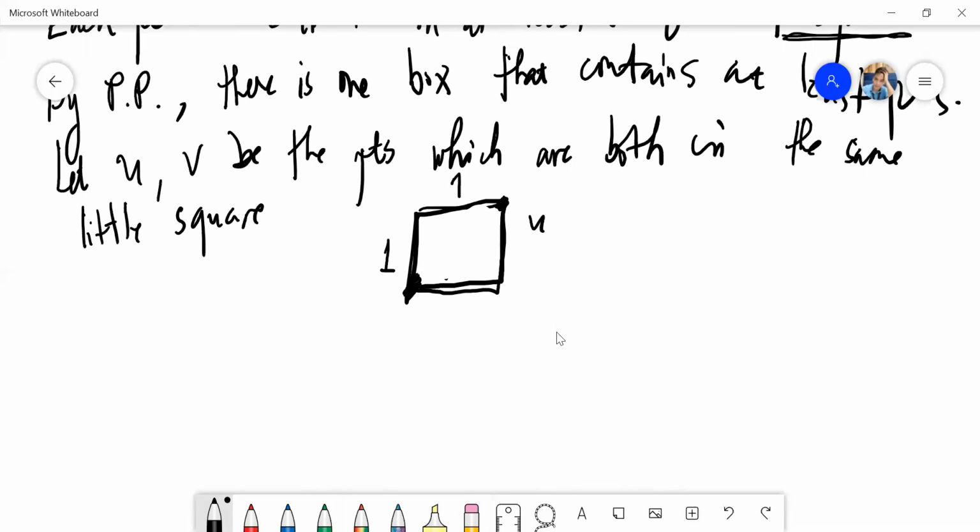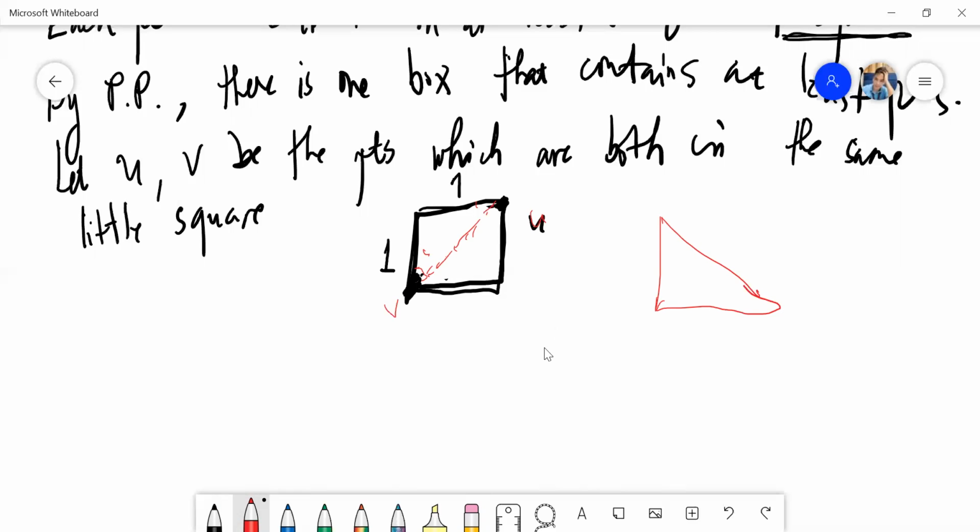So if I put an imaginary line connecting U to V, this is actually a 45, 45, 90 degree triangle. According to the theorem in geometry... or let's not touch the theorem.